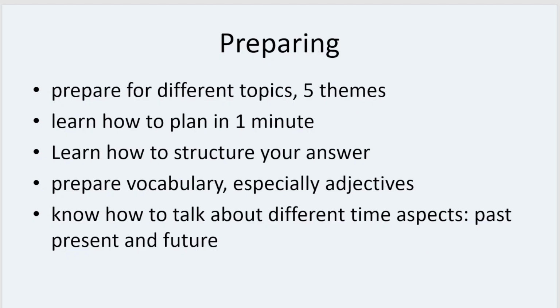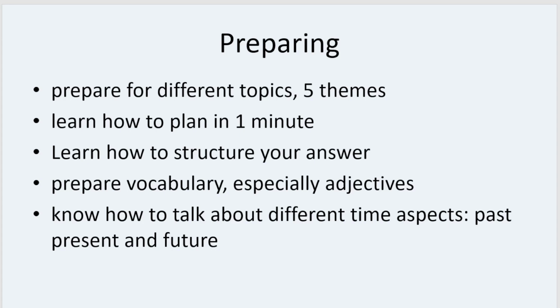Let me just kind of finish with a quick overall of what you should be doing to prepare for part 2 of your test. First of all, you want to be preparing for the different topics, and especially preparing for them under the 5 themes. Learn how to plan in 1 minute. Remember, when you go to your test, you get only 1 minute to plan. You need to make sure you can plan effectively in 1 minute.